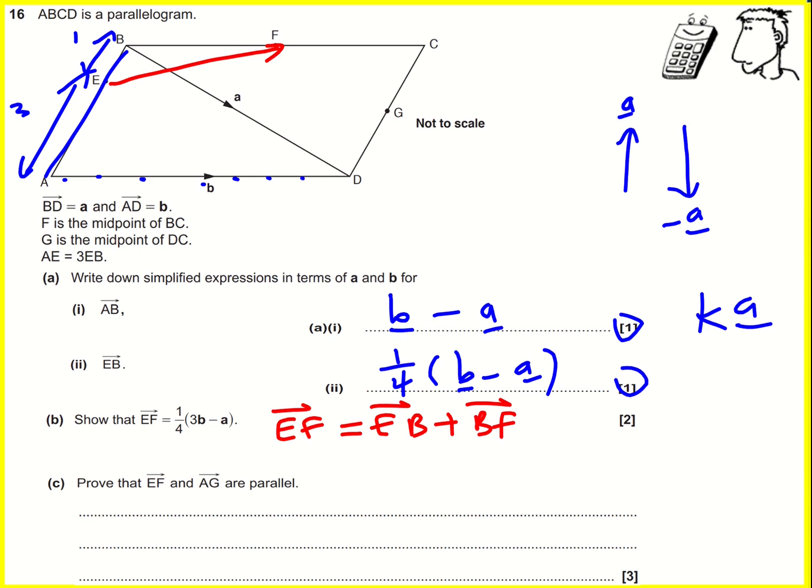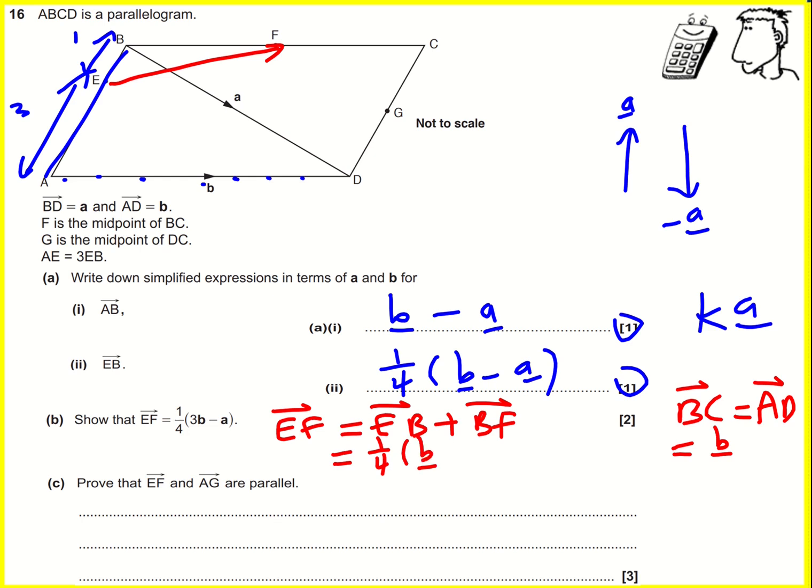So I might just write over here that BC, because it's a parallelogram, will equal AD. These two are the same because a parallelogram has opposite sides the same length. And so that will equal B. And therefore EF will equal my 1/4.